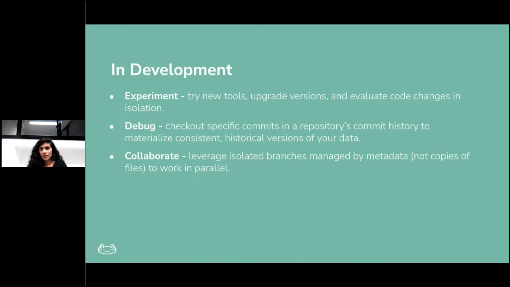Having something like Git that lets you experiment in isolation, and not only in isolation, but on top of your real production data at the same scale and with the same data characteristics, is a very, very powerful guarantee. With LakeFS, you can do exactly that.